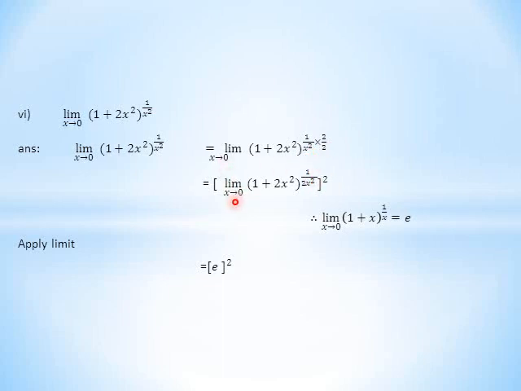So limit x tends to 0 of (1 plus 2x square) raised to 1 upon 2x square, and this 2 comes outside, and 2x square comes here. Now look at this, it becomes the same. If 2x square is x, then it is x, so it will be equal to e. So the whole bracket equals e, and the answer is e square.